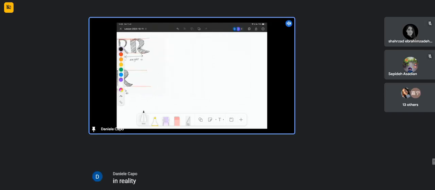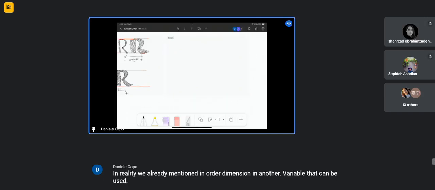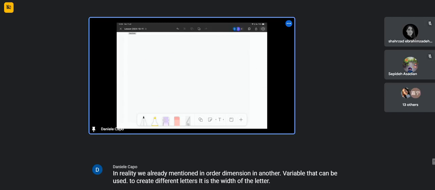In reality, we already mentioned another dimension, another variable that can be used to create different letters. It is the width of the letter. Okay.